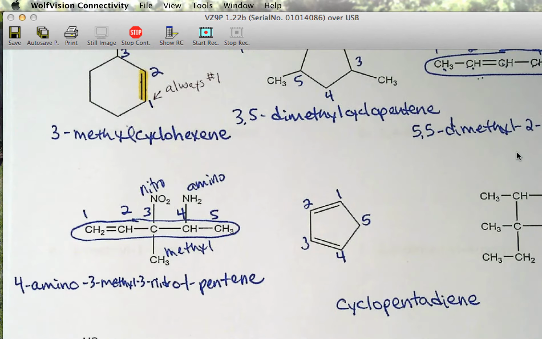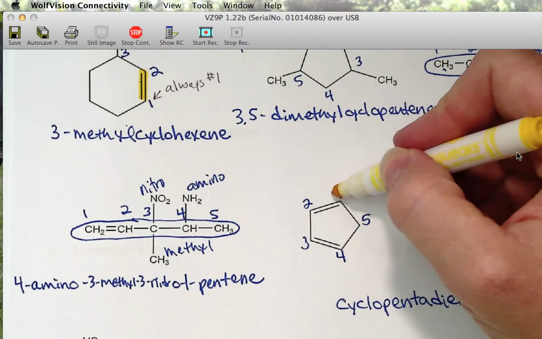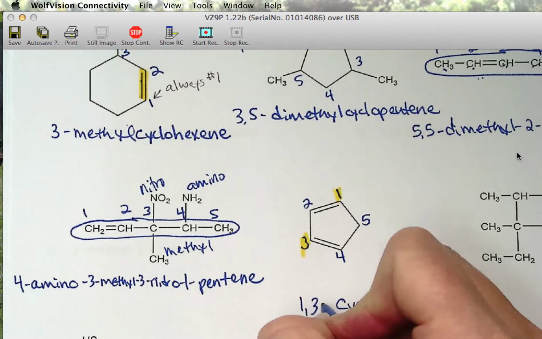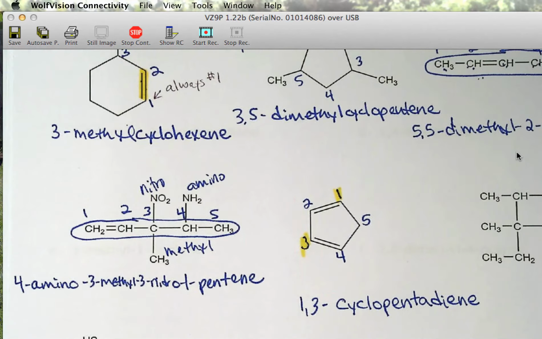Because it's a diene, I need to have how many numbers? 2. So I'm going to list the lowest numbers: 1,3-cyclopentadiene.